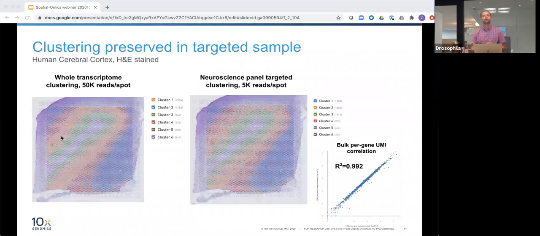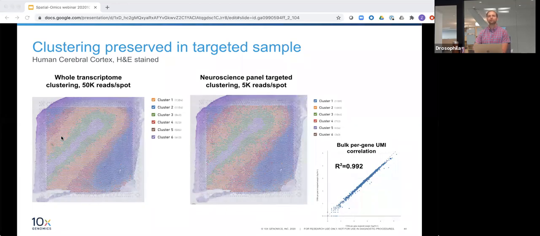So what's really cool about the targeting is that you don't need as much sequencing, and you can really focus on what you're actually interested in. This image on the left is whole transcriptome sequencing at 50,000 reads per spot, like we recommend. This particular tissue covers basically all 5,000 spots, so this would require 250 million reads to sequence at the depth that you'd want.